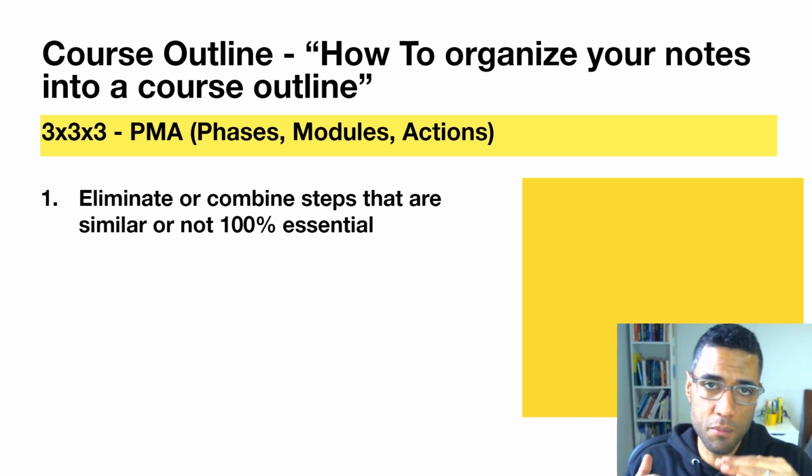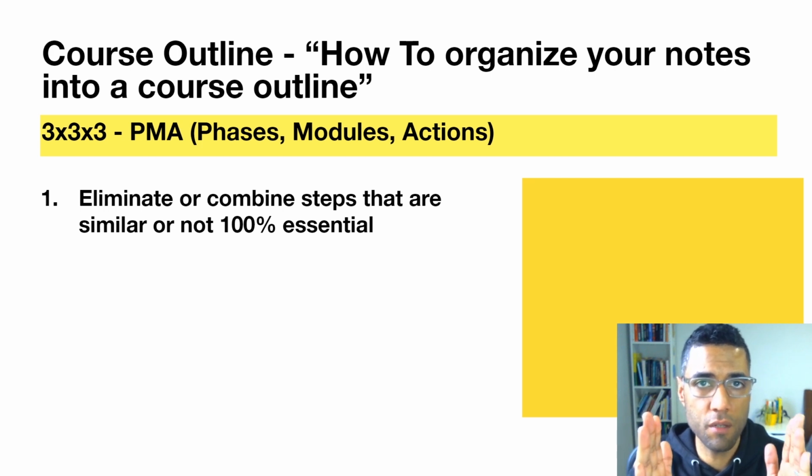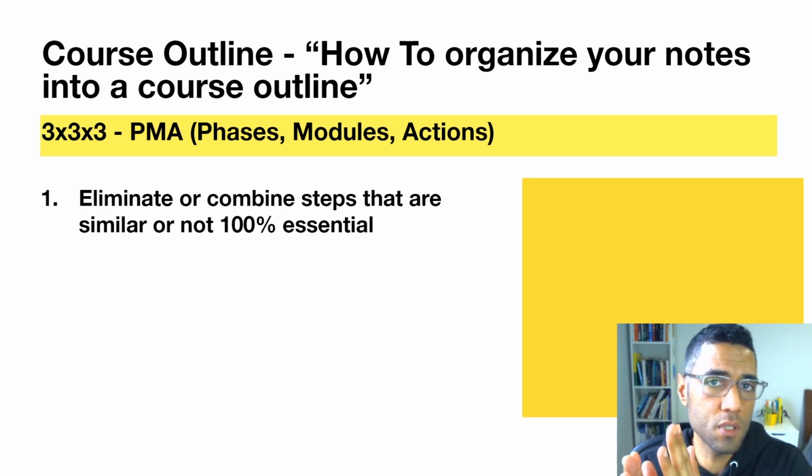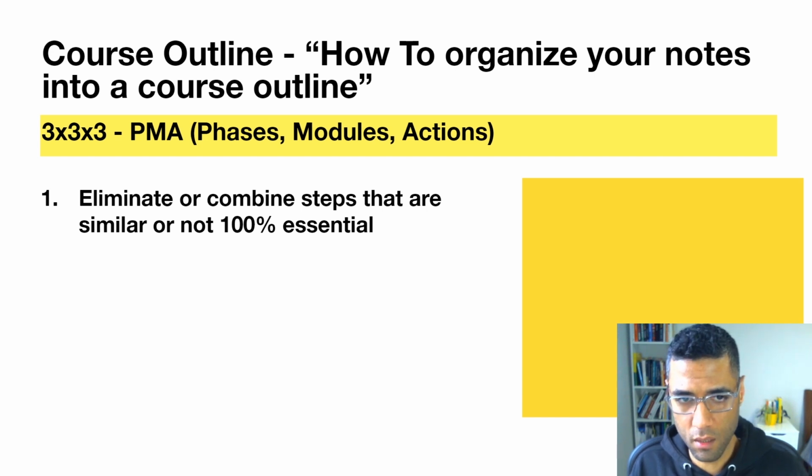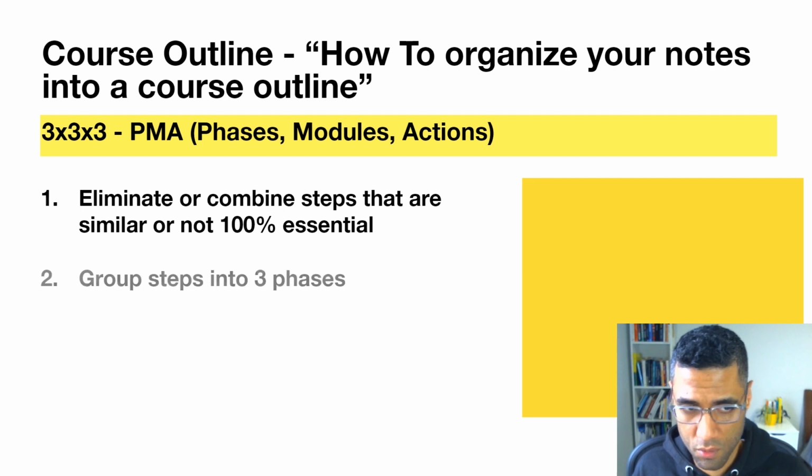Maybe, for example, to get from point A to Z, to get to the transformation of your course, to get to that end result, you need to do these. But I've thought about all of these other things that you're going to be able to do once you finish the course, and I've put them in here as bonuses. I'm getting ahead of myself, but that's a way you can think about the non-essential stuff. All this non-essential stuff, you're going to move somewhere else. You don't have to throw it away, just move it somewhere else.